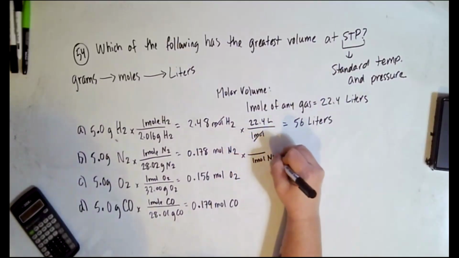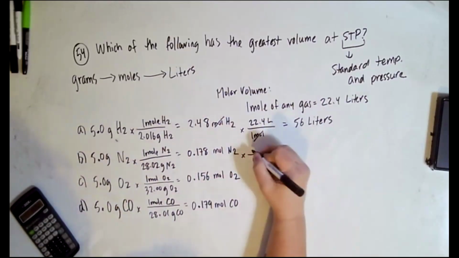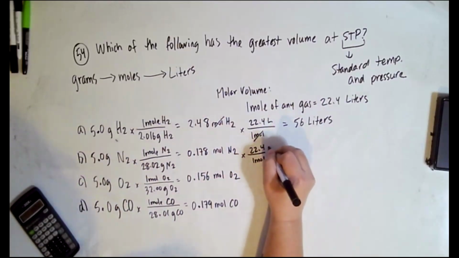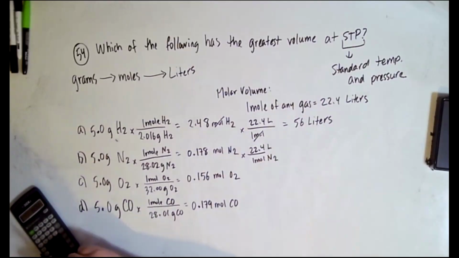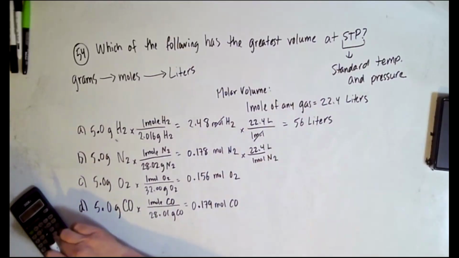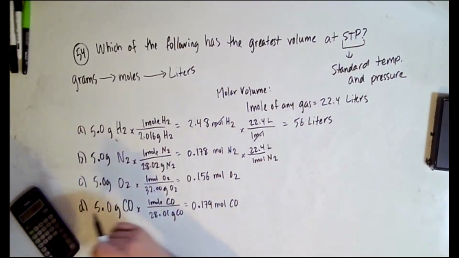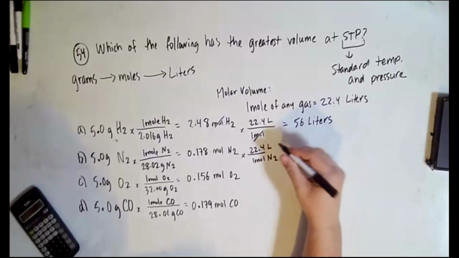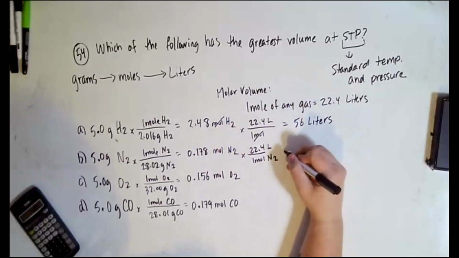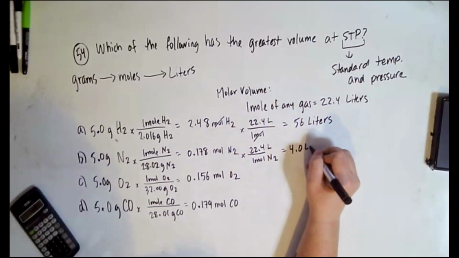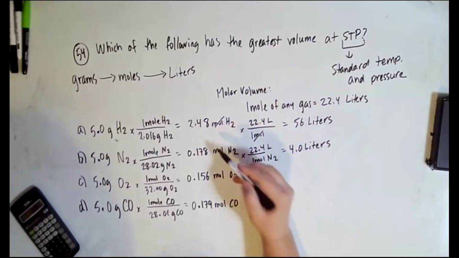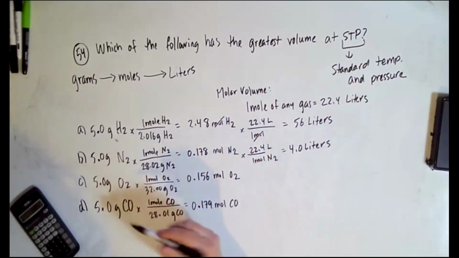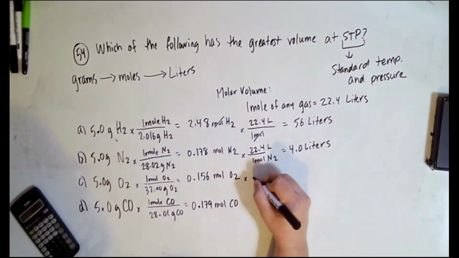We probably can see without even doing the rest of this math that whichever gas sample had the biggest number of moles is going to have the largest volume, right? So hydrogen, whose molar mass is the smallest, 5 grams of hydrogen is going to be a lot more moles of hydrogen than any of these other samples.